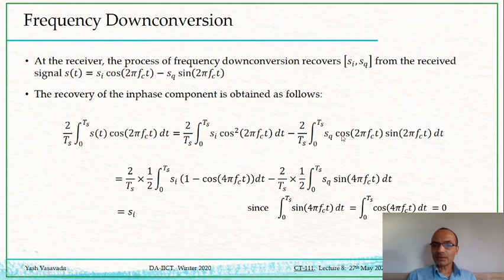One other thing that I want to notice is that this cosine of 2 pi f ct, sine of 2 pi f ct, if I consider them together, integrated from 0 to symbol duration, their product turns out to be 0. So it is as if this cosine and sine, if I think of them as vectors, and this operation, if I think of it as a dot product, and this is something that we have done in lab number 5, where we actually did the Fourier transformation operation and we thought of it as a dot product.